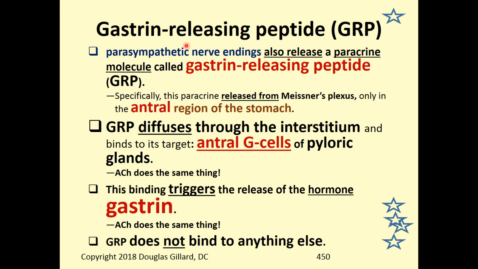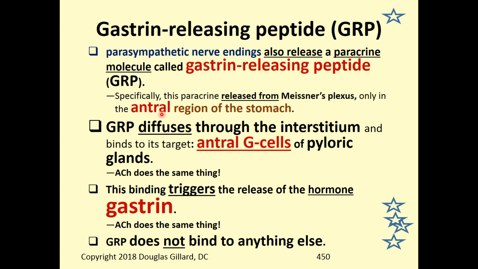Okay, we'll talk about gastrin releasing peptide a little more. It's parasympathetic nerve endings release this. It's a paracrine. We said that already. GRP, we said that already. Released from Meissner's plexus. Here's what we haven't said. Meissner's plexus is everywhere in the stomach, but GRP is only released in the antral region, the pyloric antrum of the stomach. It's not released in the fundic region of the stomach.